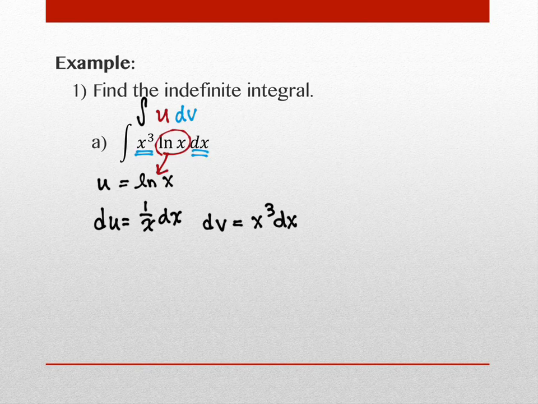This other part, though, I'm going back up, moving from the dv up to v. So moving up, what's the antiderivative of x cubed? Good. x to the 4th over 4. And we won't need the plus c's for what we're doing. In general, we do have plus c, you're right. What we're doing right here won't need them, so we don't have to worry about putting them on. So that's good news too.